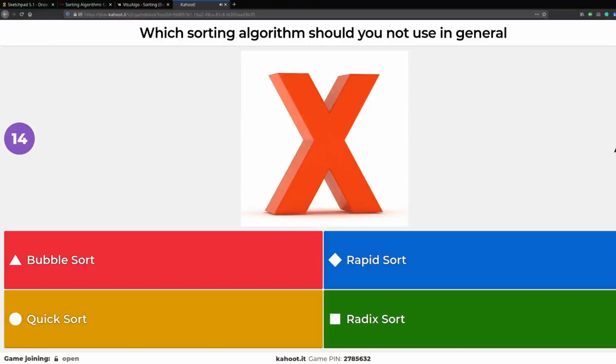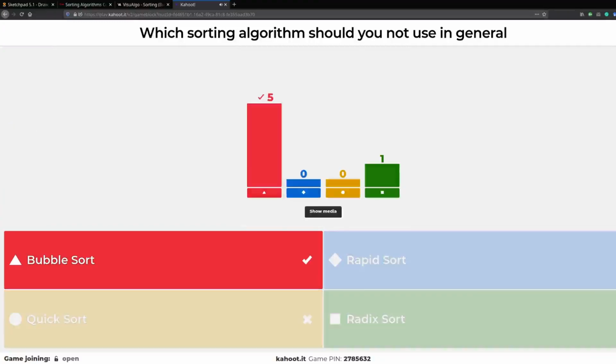So just think back. Cool. Yeah, so most of you got it. So bubble sort, like I was saying earlier, is very slow, very inefficient, but also the most common that new people use.